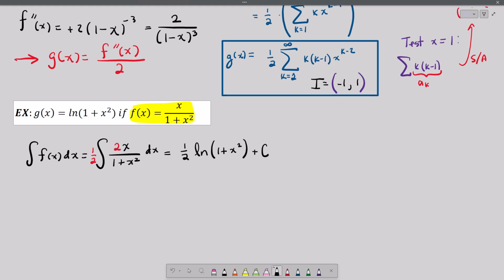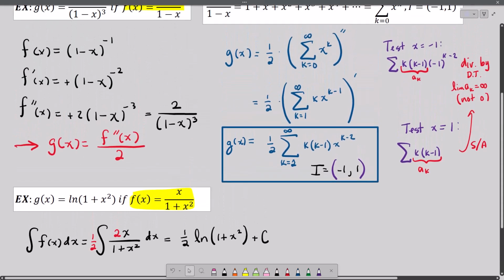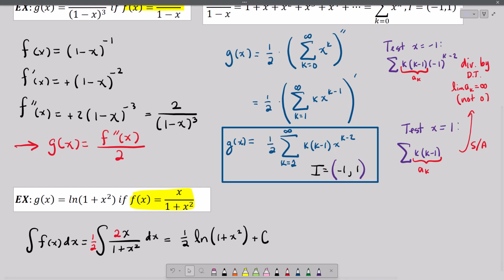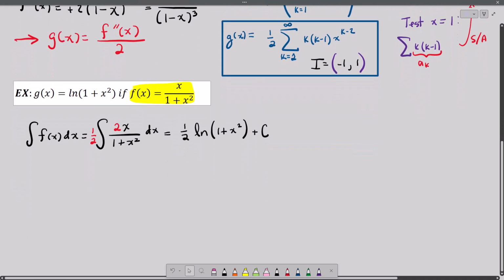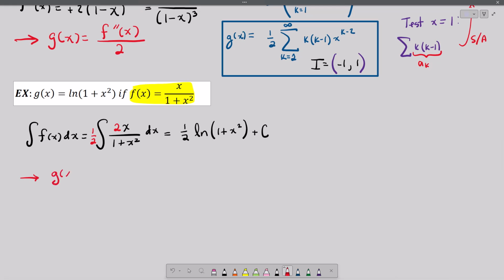So, just like up here, this is our template. We said that g of x is going to be f double prime divided by 2. So now we want to do the similar type of thing here. Our template tells us that g of x is going to be the integral of f of x, multiplied by, if we multiply this by 2, that will give us g of x.